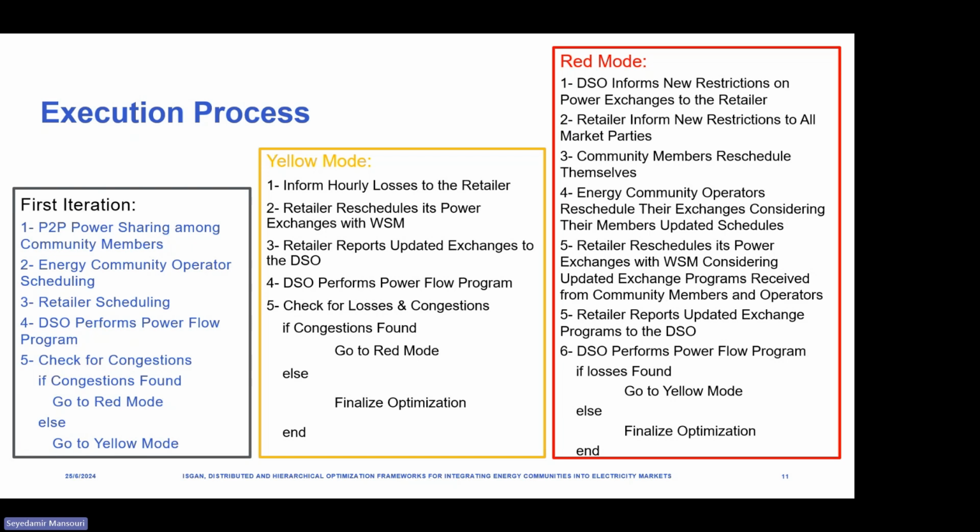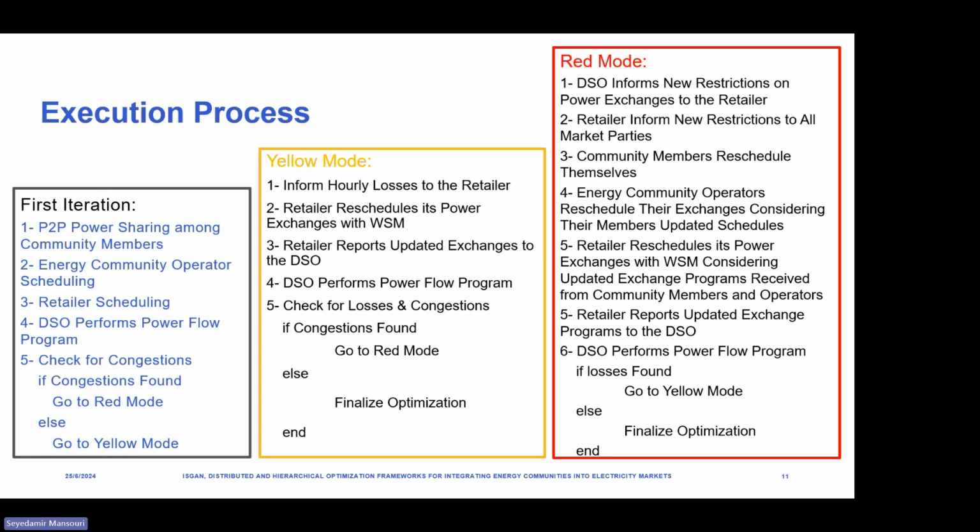Okay. As you may know, the retailer can't calculate the power losses because this entity doesn't have access to the network information and doesn't have access to a power flow program, so it can't calculate power losses. And when the DSO implements the power flow, it always finds losses at this stage.